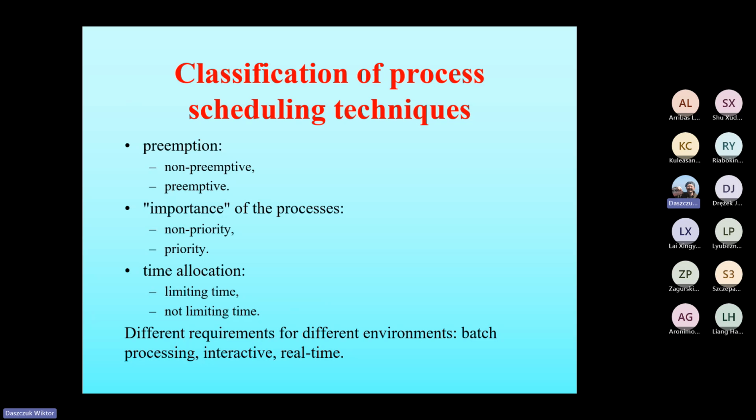The second classification is about the importance of processes. Maybe all processes are treated equally without any distinction between them, or some processes are more important and some are less important. For example, in a real-time system, the most important are processes with hard time limits of execution.